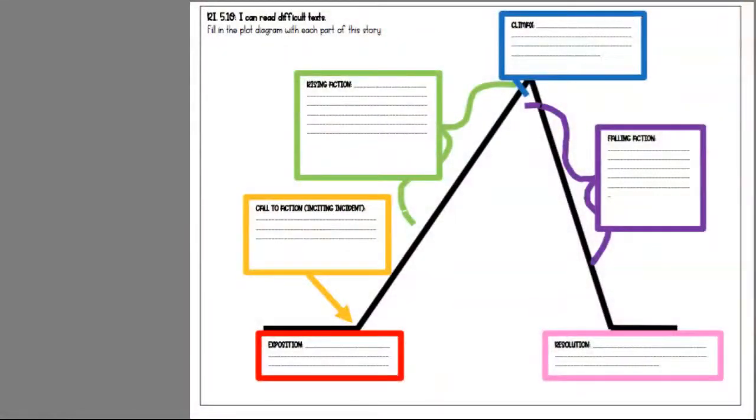So this has you identify the exposition, the climax, the resolution, and a way to differentiate this, if you are working with students with disabilities or language learners, is to define what those expositions are and have them refer back, or only focus on exposition, climax, and resolution.